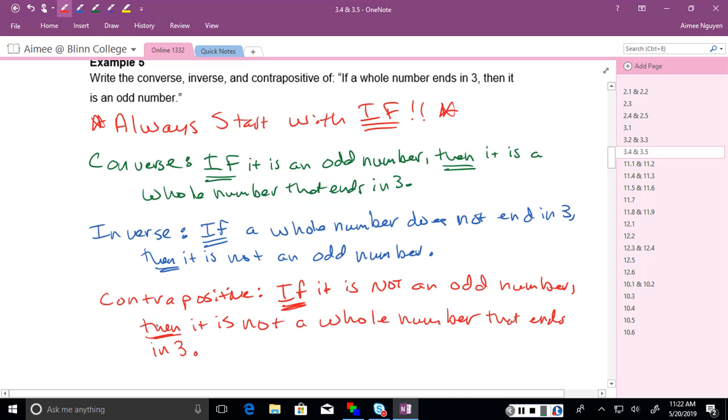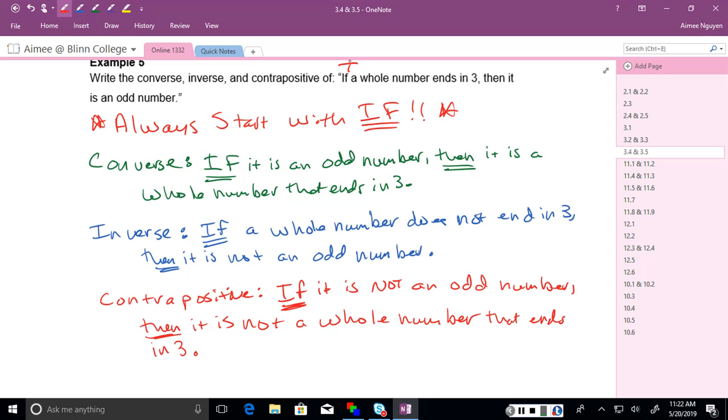Since this has to do with numbers and math, we can actually decide if these are true or not, right? So if a whole number ends in 3, then it is an odd number. All of the numbers that end in 3: 3, 13, 23, 33, 43, 53, 103, 1003, all of those would be odd because they end in 3, right? So this original statement is true. If I look at the converse, if it is an odd number, then it is a whole number that ends in 3.